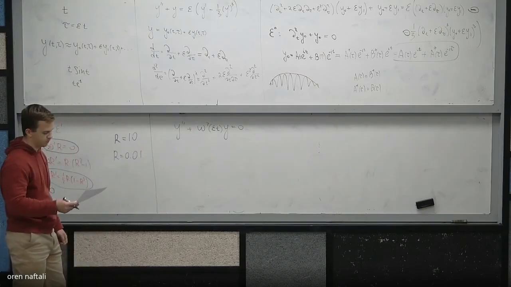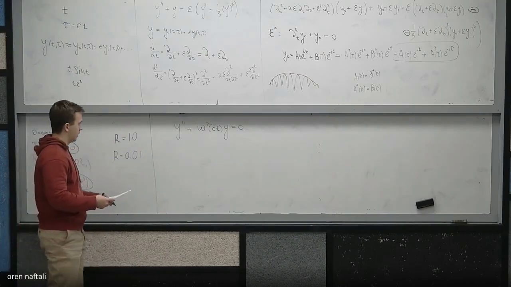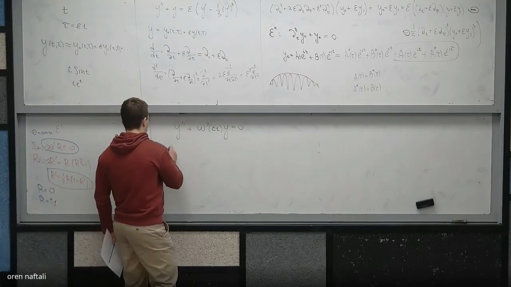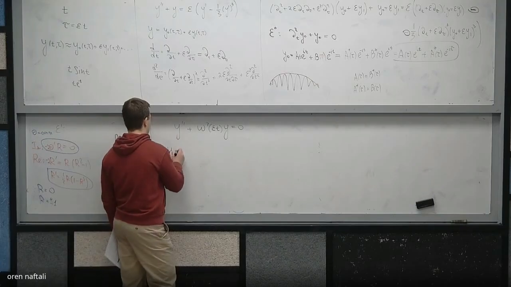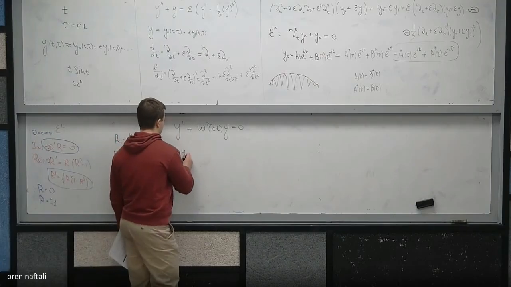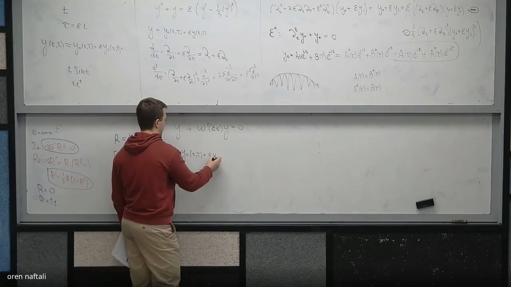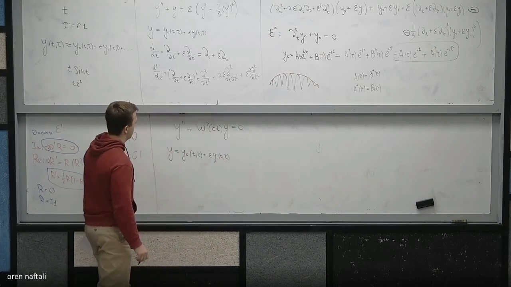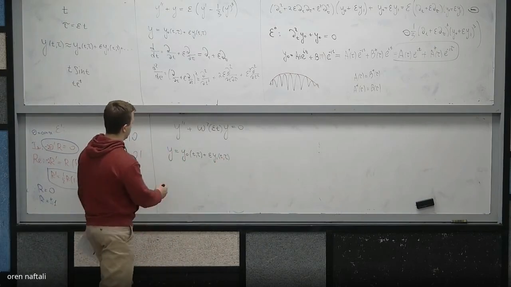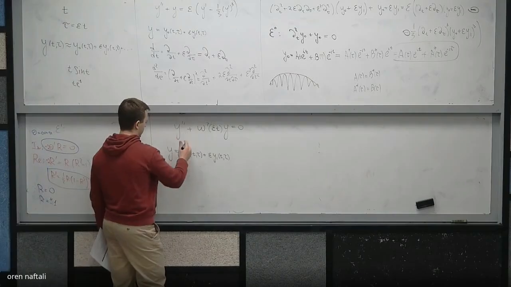That's the idea. So again, the solution is y naught of t and tau plus epsilon y1 of t and tau. Okay, and let's rewrite this equation.